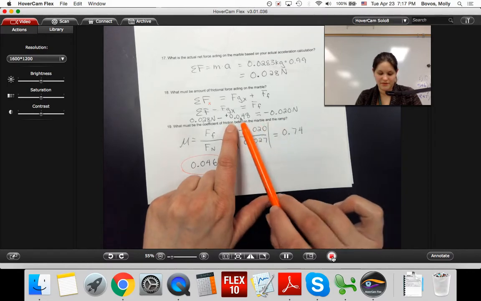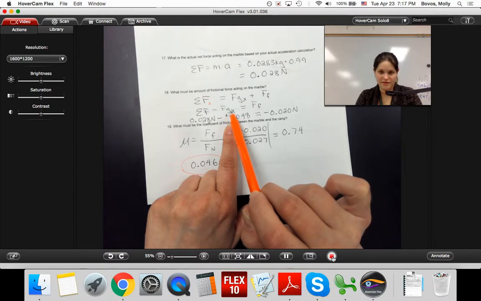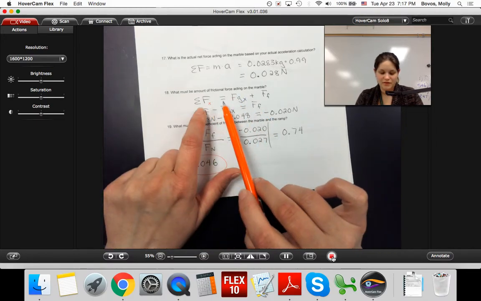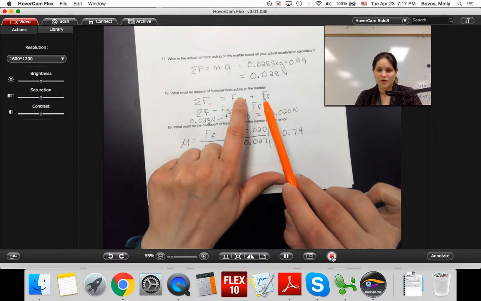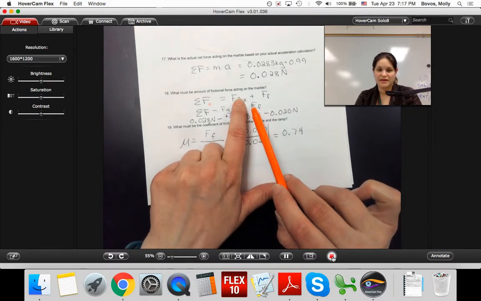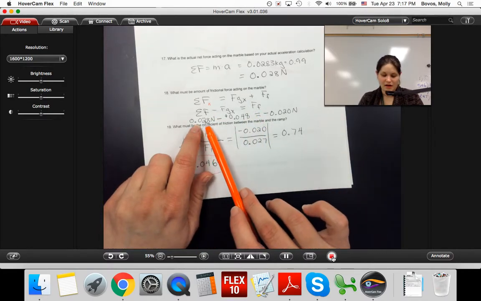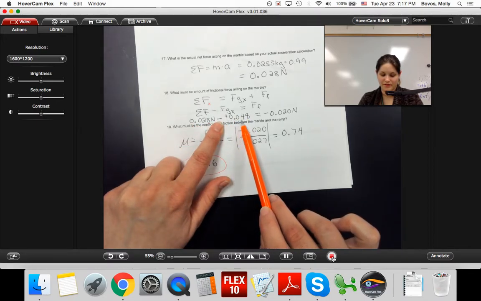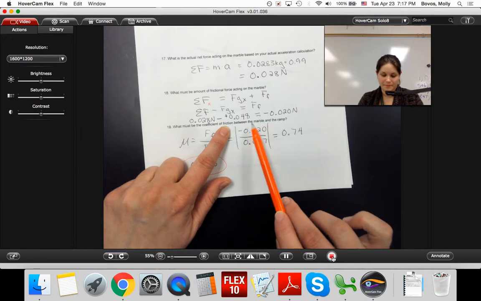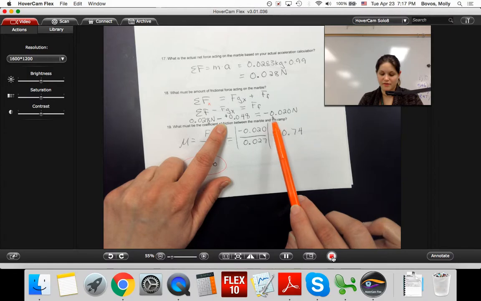This answer comes from, we're saying our net force minus our force in the x direction, gravity in the x direction, gives the force due to friction. So what we're saying here is that our net force in the x direction is those two added together. We've just subtracted FGX over here. So we did our net force 0.028 minus what our force due to gravity in the x direction was, and so we end up with a force due to friction of negative 0.020.